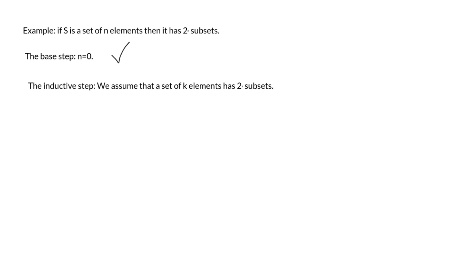We assume that a set of k elements has 2 to the k subsets. And then we want to prove that a set of k plus 1 elements has 2 to the k plus 1 subsets.